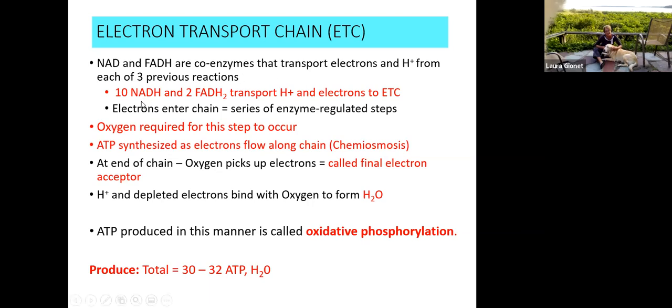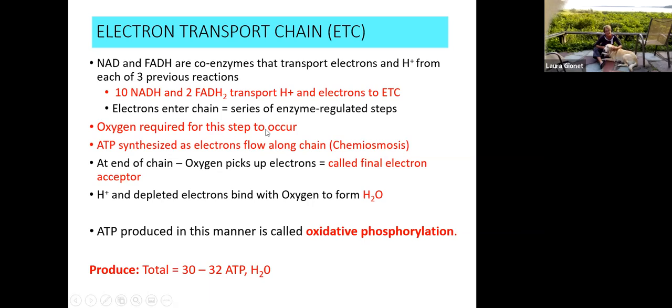It's not always exactly the same number, but it depends on what substrates you're using for energy, whether it's proteins, carbohydrates, or fats. But for all intents and purposes, at the end of this process, at the electron transport chain, we should have about 10 NADH and 2 FADH2 that are transporting these hydrogens and electrons.